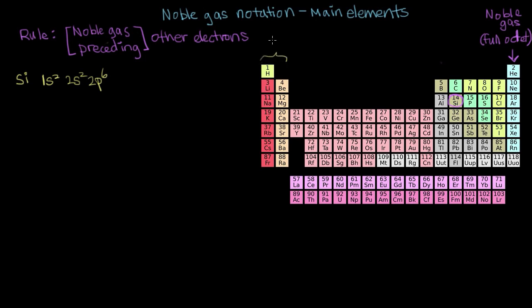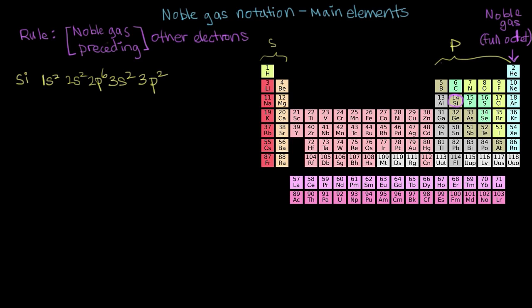As a reminder, these are our s electrons because they're in s orbitals, and these are our p electrons because they're in p orbitals. Once we're through our 2p6 electrons, we go to 3s2, and we have two more electrons, so it's 3p2. That's the electron configuration for silicon.